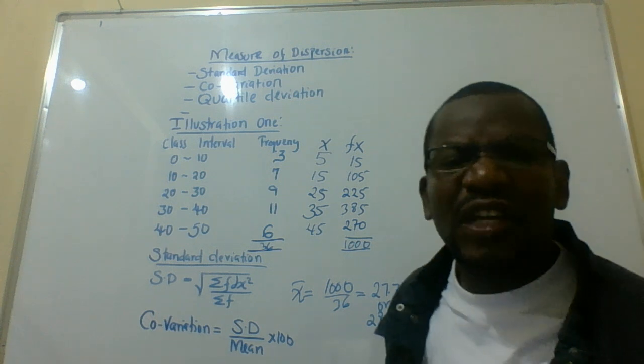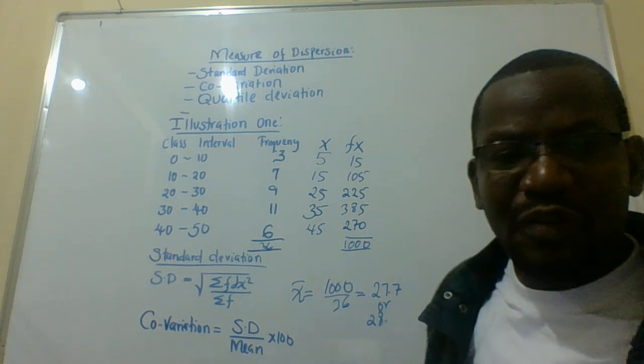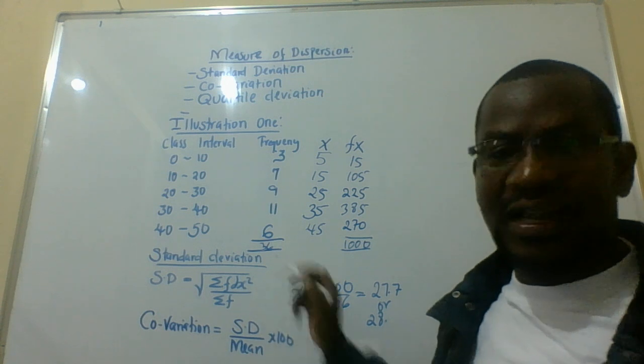So let us calculate the deviation. Our formula says dx squared.